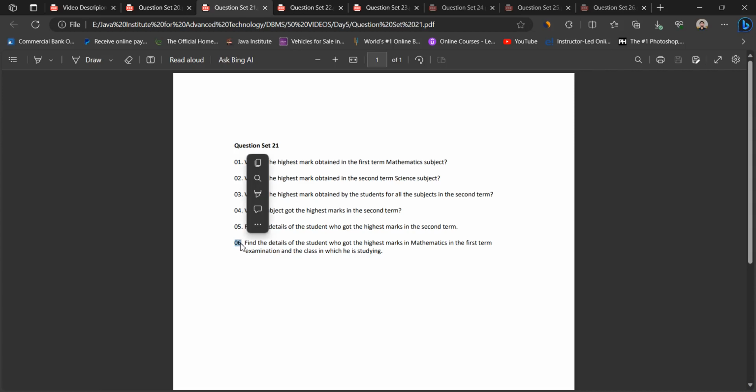Sixth question. Find the details of the student who got the highest mark in mathematics in the first term examination and the class in which she is studying. So here we have to display all the details of the students as well as the class.